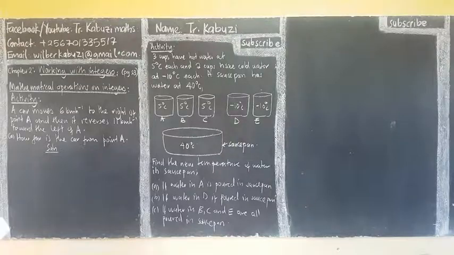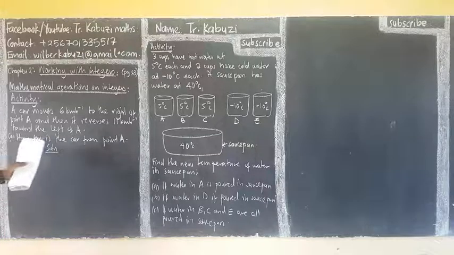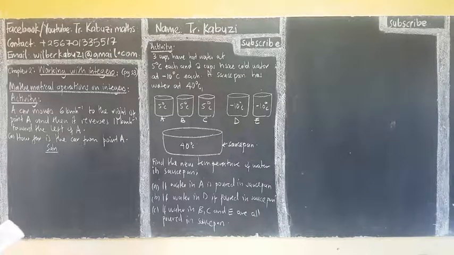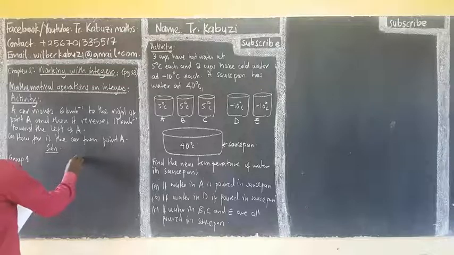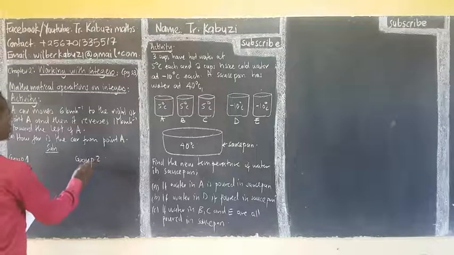A car moves 6 kilometers towards the right of A, and then reverses 11 kilometers towards the left of A. How far is the car from point A? So here, this is group 1. I'm also going to handle that one for group 2.